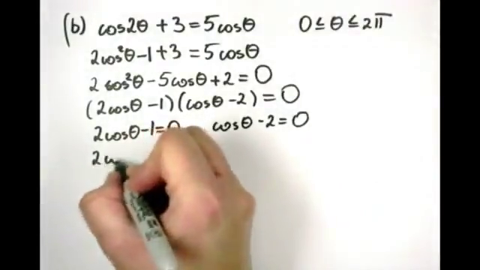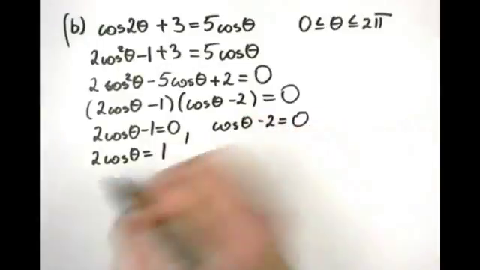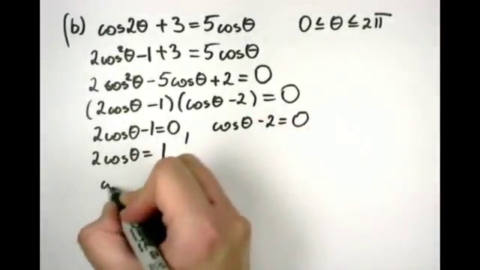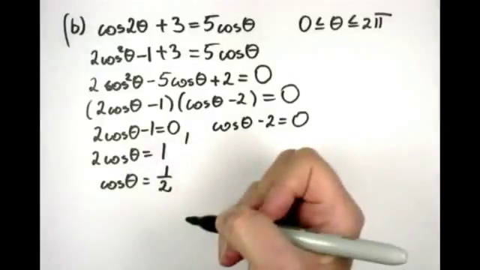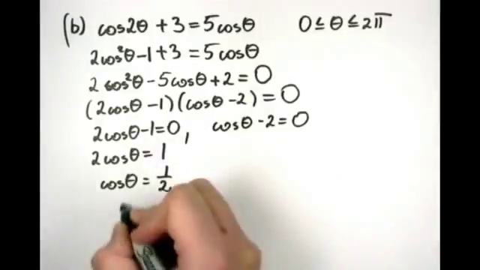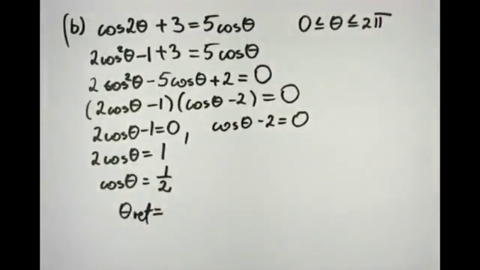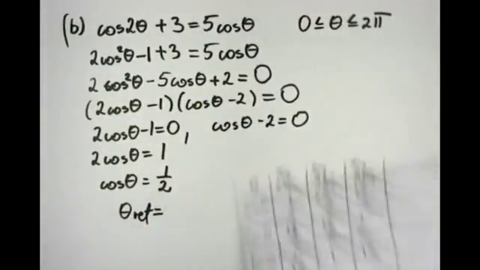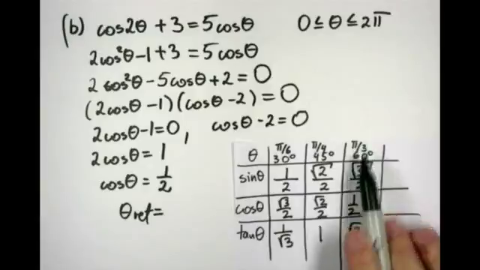We have 2 cos theta is equal to 1. Bring this over. Now divide by 2. So cos theta is 1/2. Now we need to find the reference angle, theta reference. We are getting this from the chart. Cos 1/2 is pi over 3.